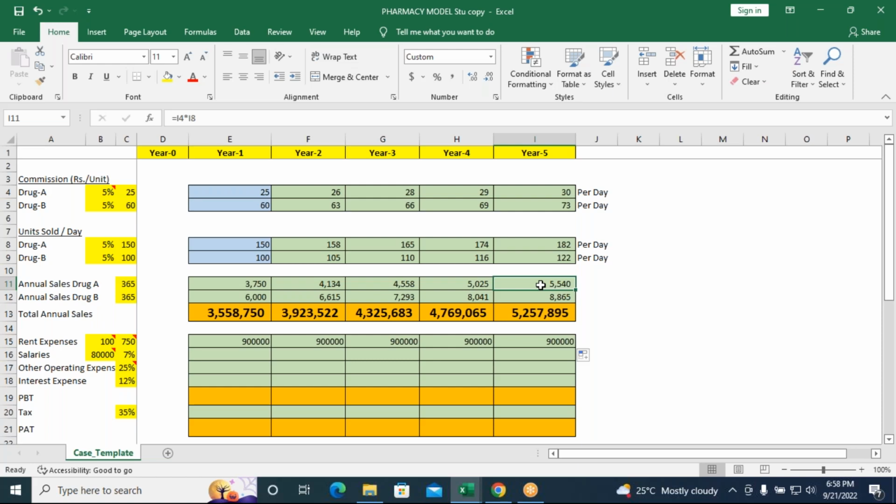In annual sales, H13, 47 lakh 70,452. Why are the values the same in both places and here you are getting it different? Choose the 30 into 182 only, no? Directly put the values and see, instead of selecting the cells: is equal to 30 into 182. You do that and see.